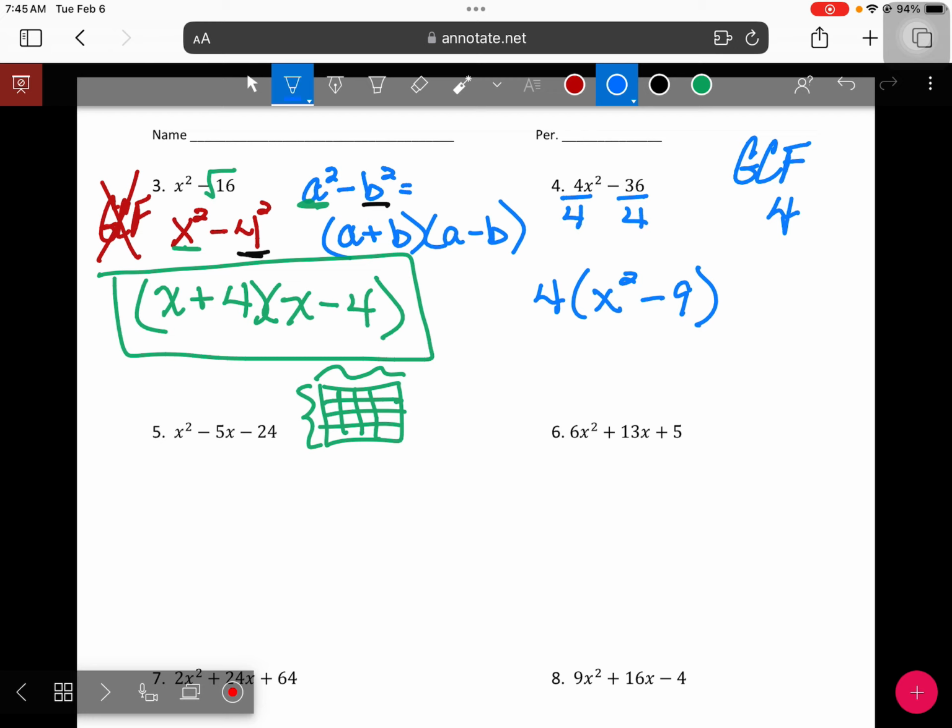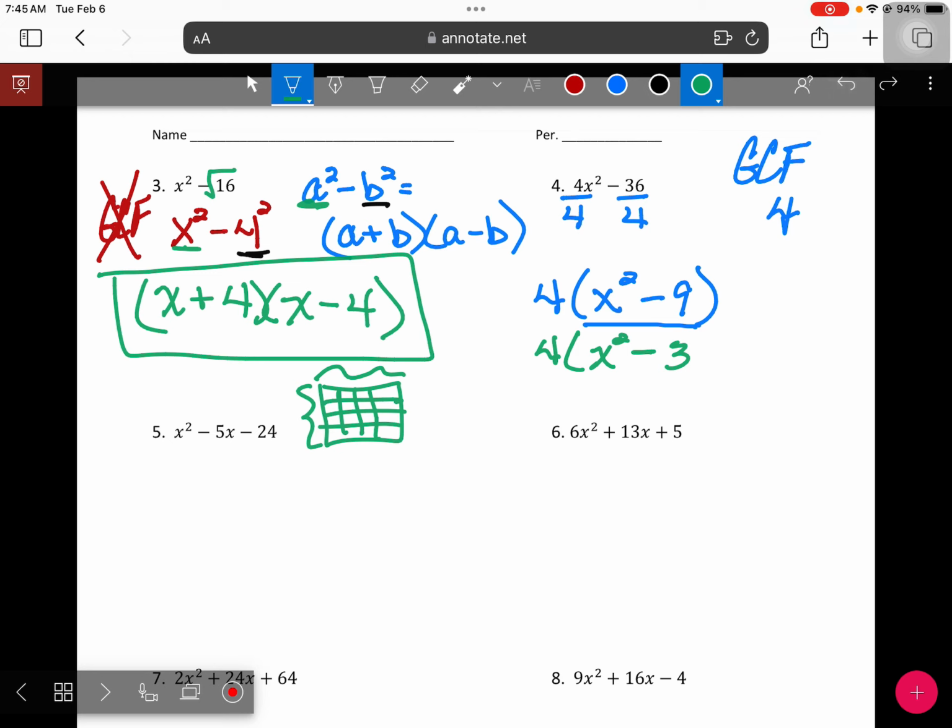Wow, that is a totally different difference of squares now, isn't it? So now we look at this and say, yeah, that's a difference of squares. So 4, we're just going to keep bringing out front. This x squared is already squared minus what squared gives me 9? 3. Excellent.